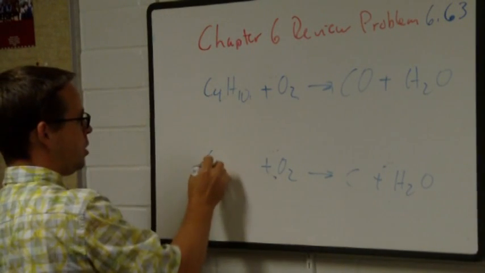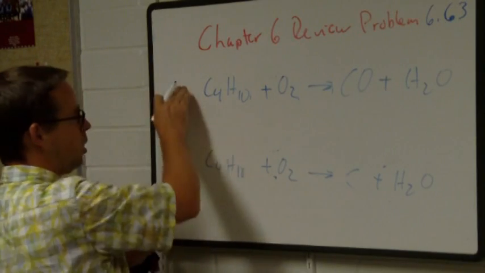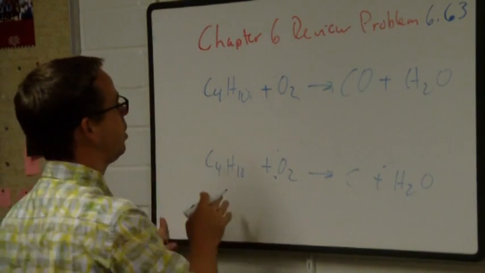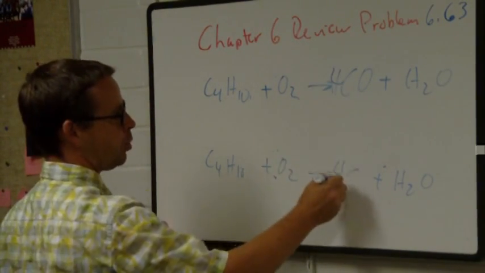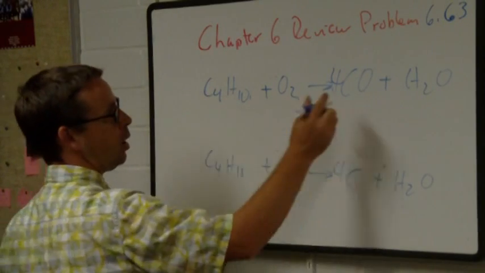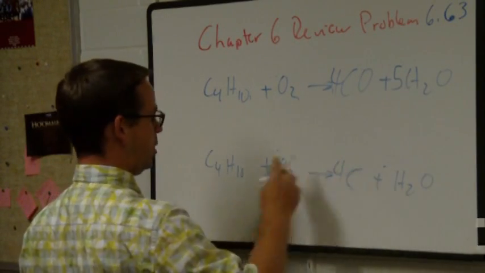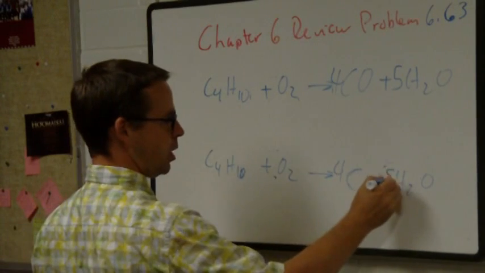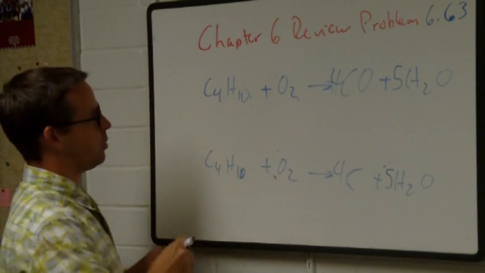C4H10, limited, scant, or very limited. All right, 4 carbon monoxide, 4 carbon here, right? 5 here, this is 10 here, so we need 5 waters to get 10 protons.